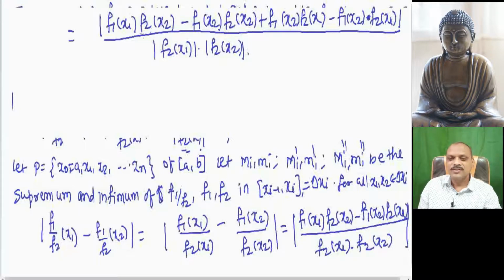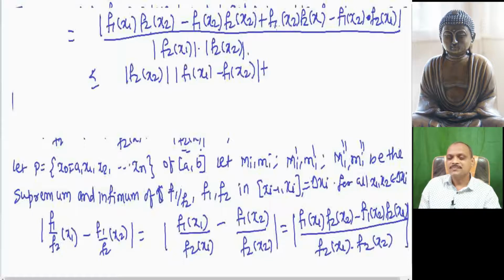Now from the first two terms we can take f2 x2 common, then this is less than or equal to, applying the modulus property, f2 x2 into mod of f1 x1 minus f1 x2 plus, now here what will be the common terms?